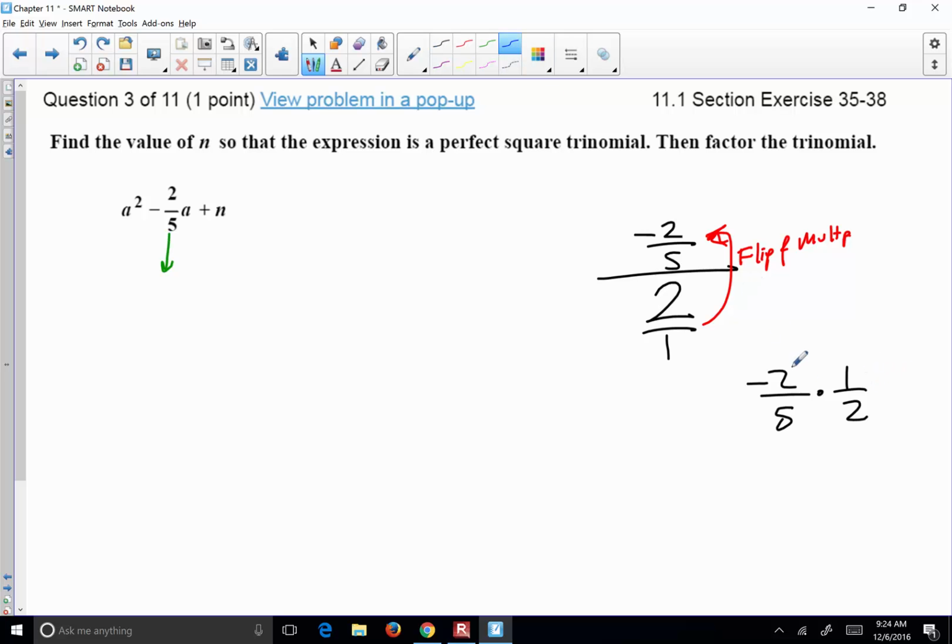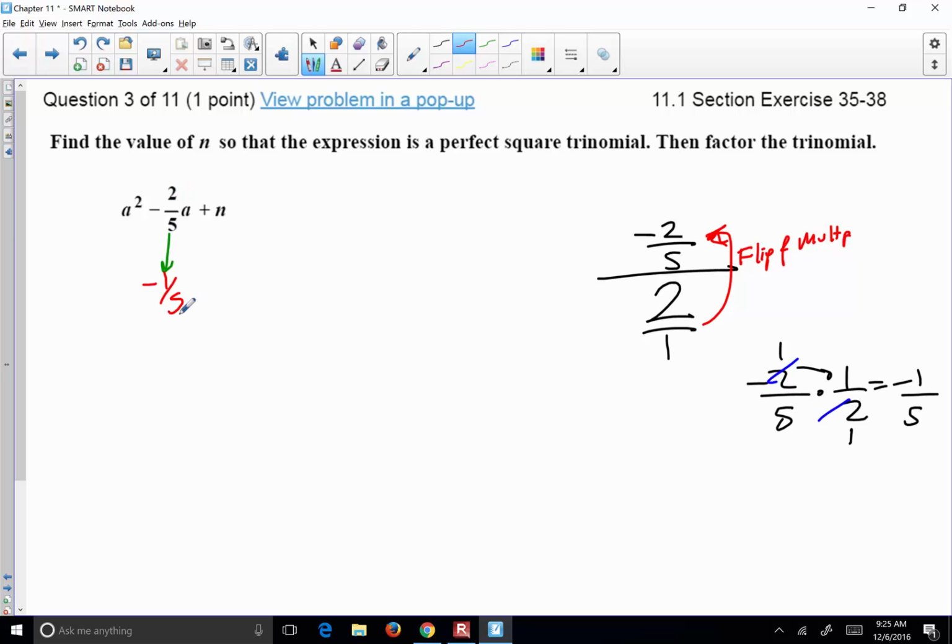And they still cancel. 1 times 1 is negative 1. Negative 1 times 1 is negative 1. 5 times 1 is 5. So this thing is negative 1/5. Half of 2/5 is 1/5. You can even do it by reasoning.